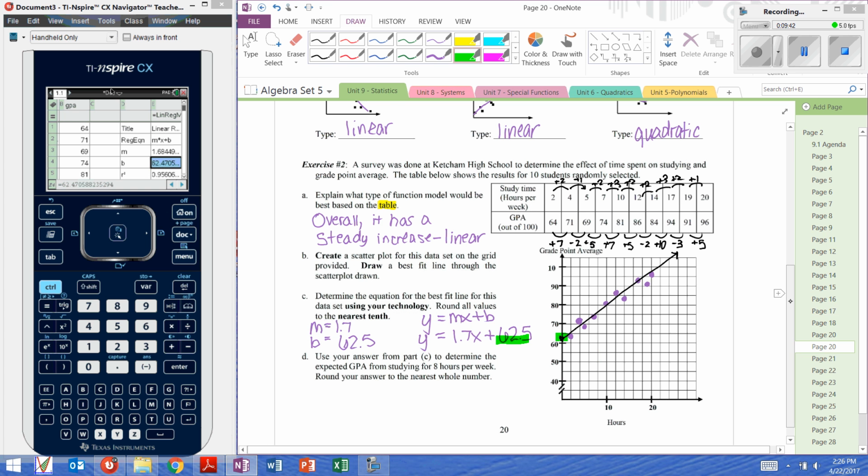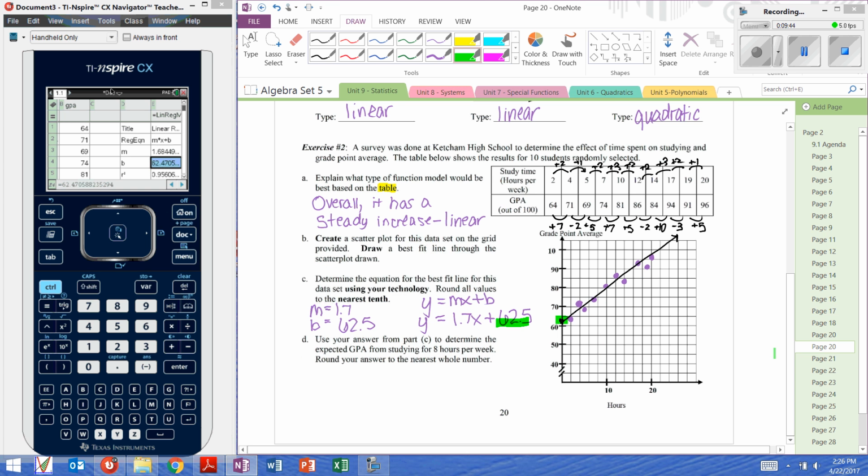All right, so now what we can do in part D, it says use the answer that we got from part C to determine the expected GPA from studying for 8 hours per week. We can see that's not in the table, however, we now have an equation. So we have y is equal to 1.7x plus 62.5, and we are given 8 hours, and remember hours is our x term.